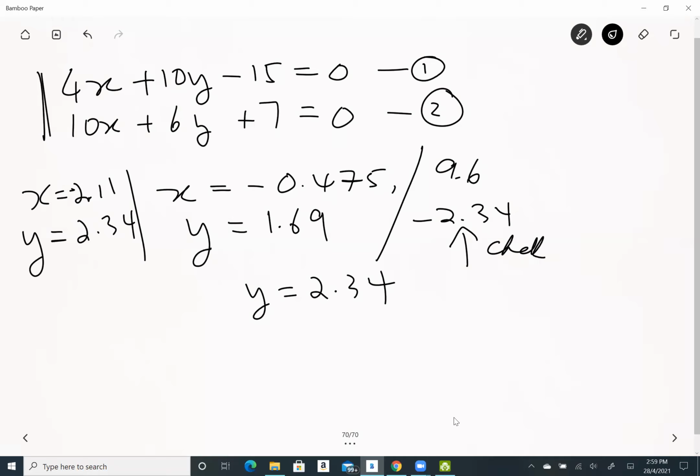I got 2.11, 2.1. So it's okay. If you have 2.3, that's close. I think that will depend on maybe how you take the decimal point. So you got x equal to negative 2.1. Okay, 2.11. So I also get this one.